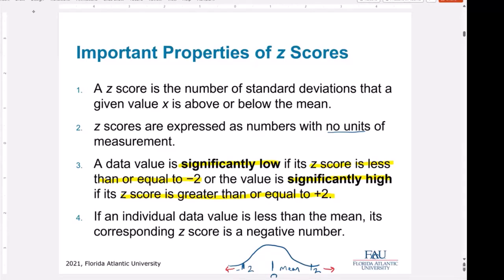If an individual data value is less than the mean, its corresponding Z-value is a negative number. We're always going to use that X minus X bar because anything this way is a negative number and anything to this side is a positive number for our Z-scores.